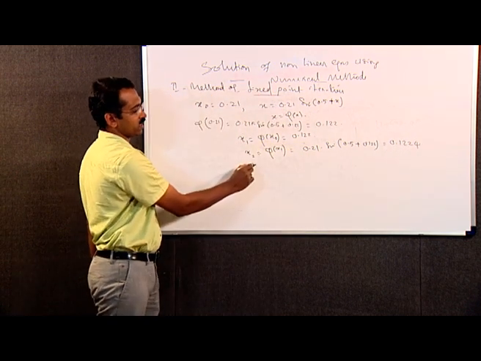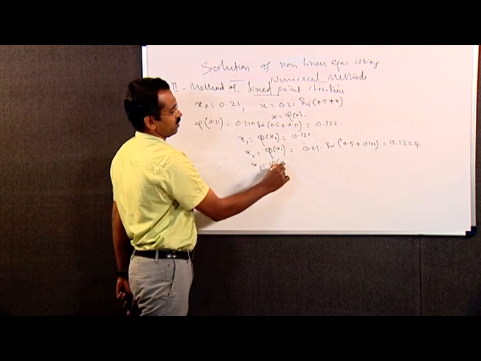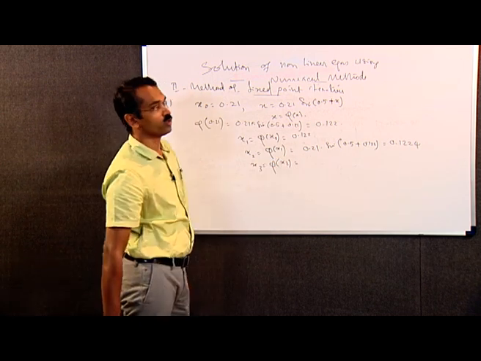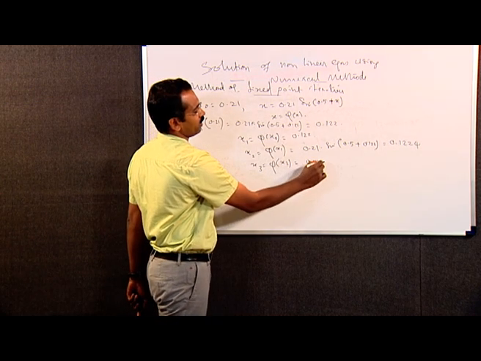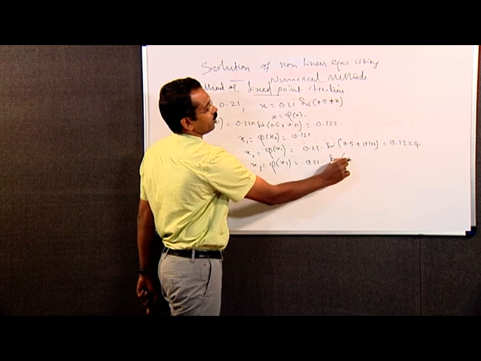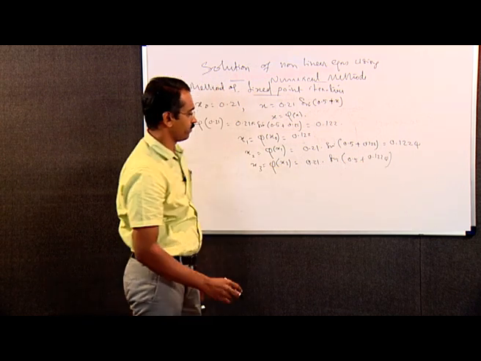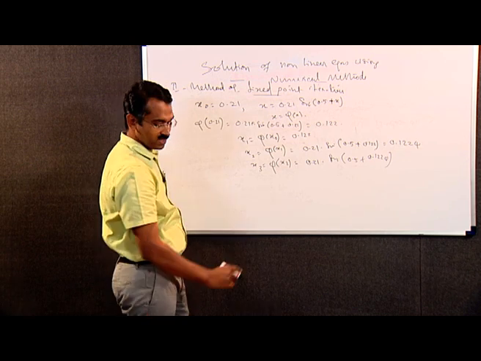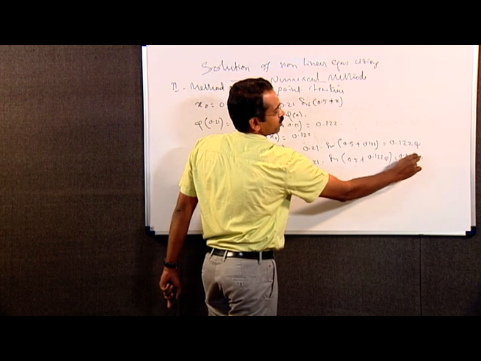Now x3 is equal to phi of x2, that is phi of 0.1224, that is equal to 0.21 into sin(0.5 plus 0.1224). On simplification, we will get x3 as 0.12242.